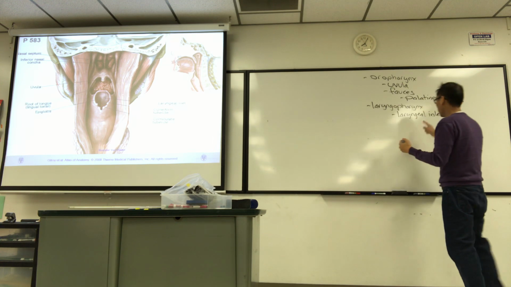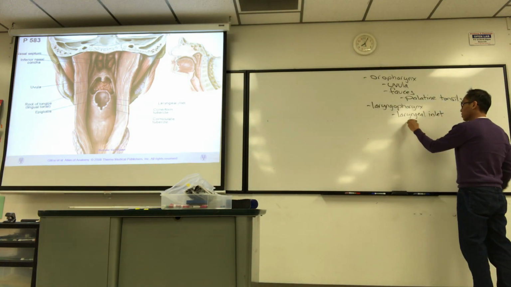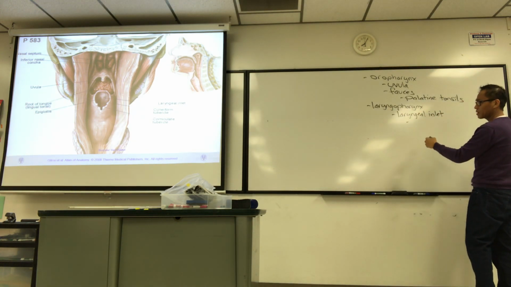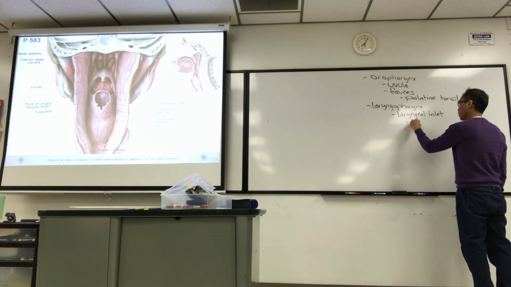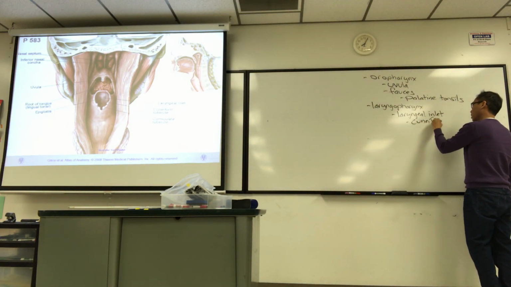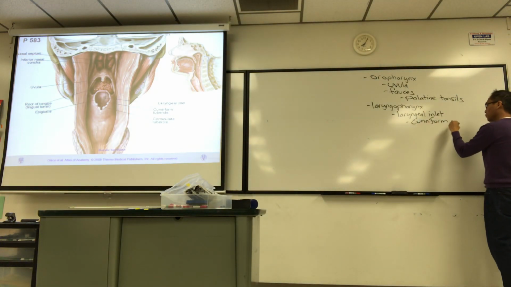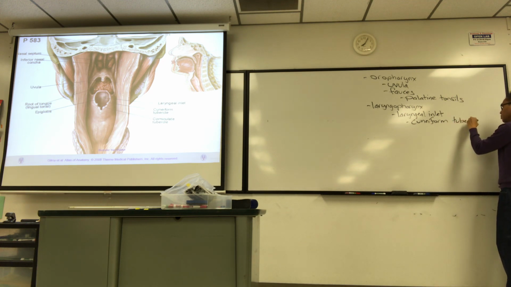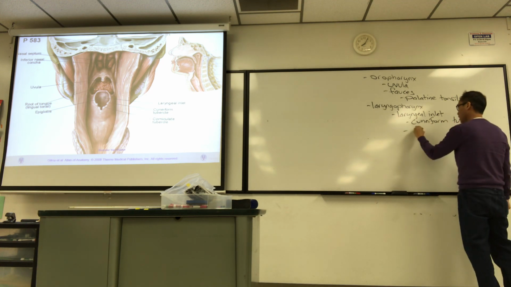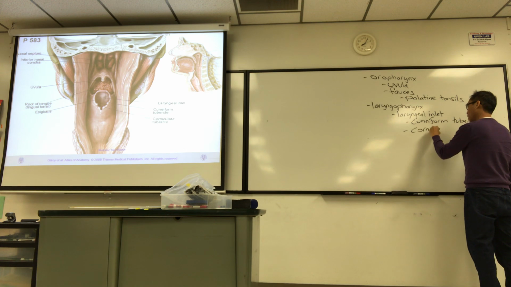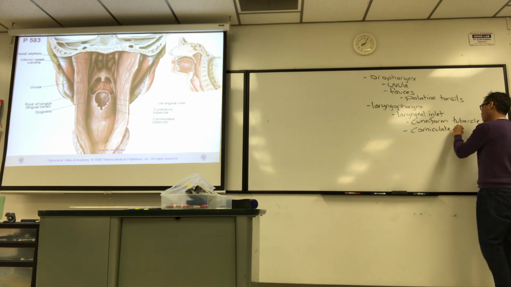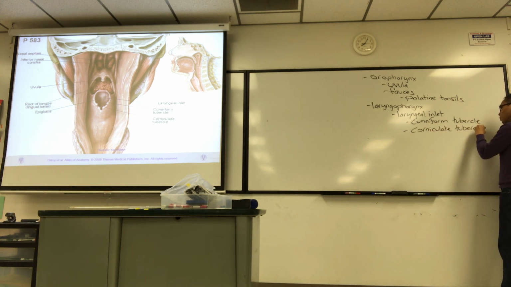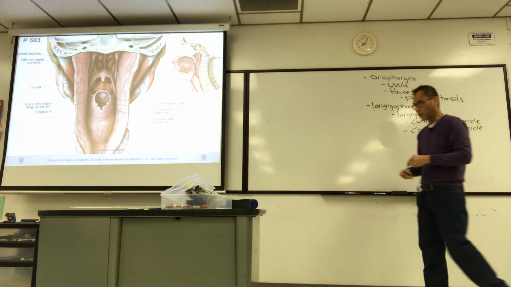Maybe it's good to list them by here, because they're by the inlet. Cuneiform tubercle, corniculate tubercle, and they're created by little cartilages.